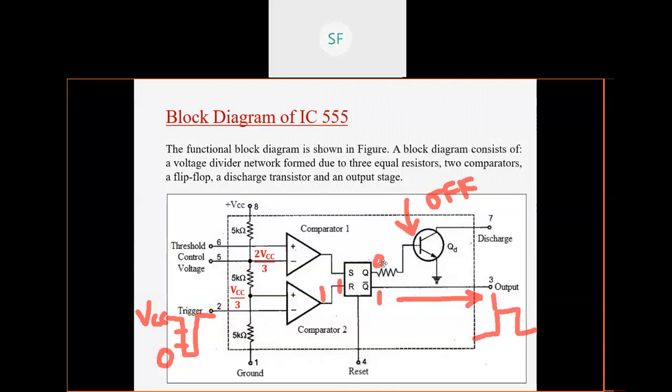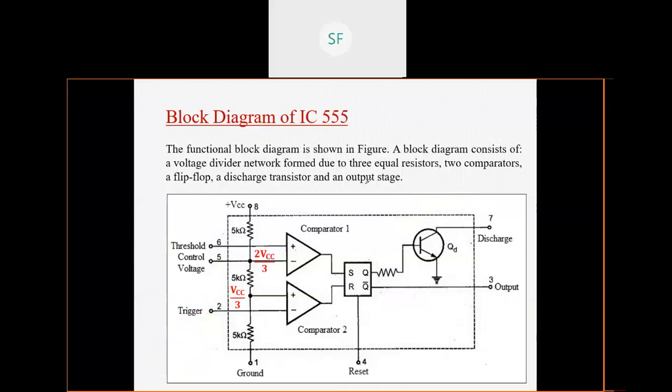And since this is 0, your transistor will be in the cutoff region, that means your transistor will act as an open switch. So just remember this concept. We will be repeating it many times, so don't worry if you are not getting it right now; it will become clear to you.